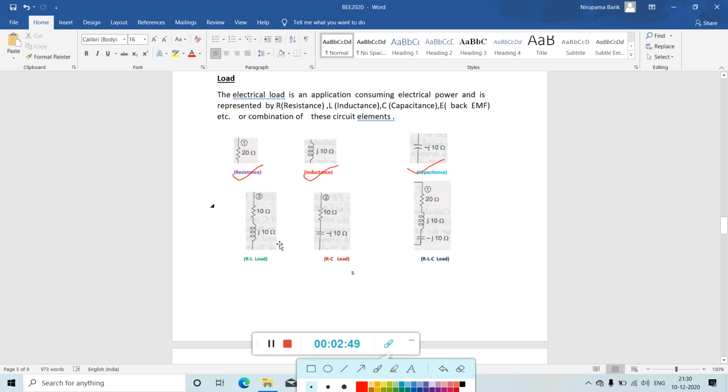And this is the combination of RL load, this is the combination of RC load, this is the combination of RLC series load.